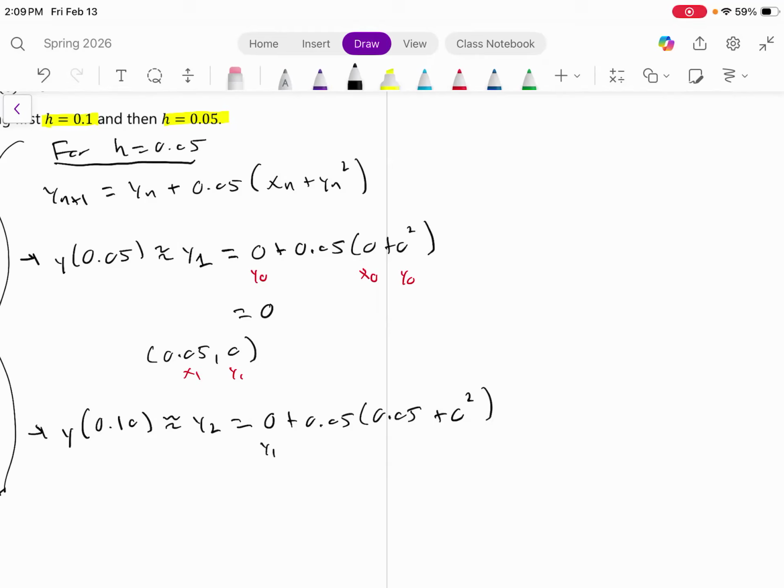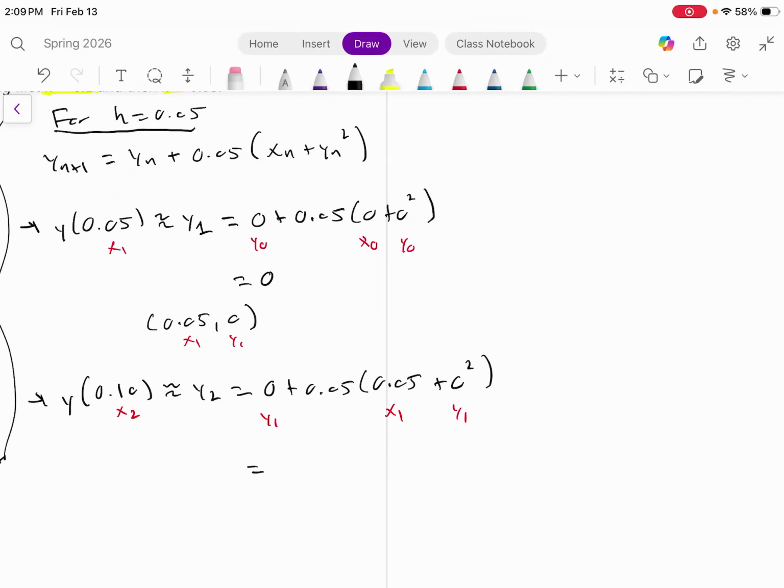This is y1, x1. Let me use a different color, in fact. y1, x1, and y1. And this is x2 that I'm looking at. I could go back and say x1 just to make sure we know what numbers represent each other, because we have a lot of repeating numbers.